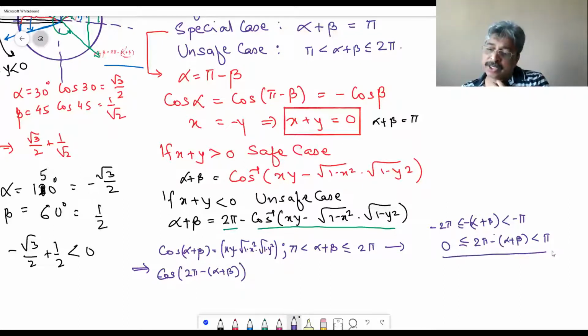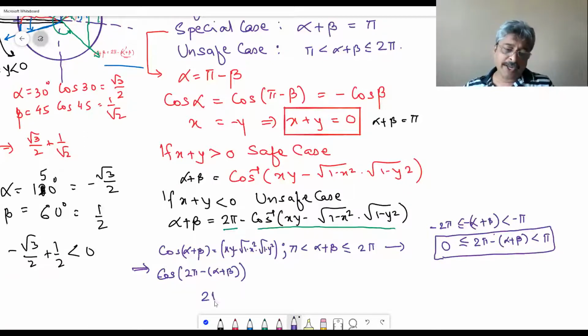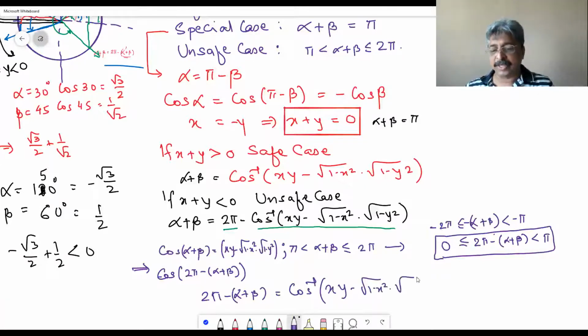Now we have got it in the desired zone, which is the range of cos inverse, and hence we will be able to flip. Therefore, 2 pi minus alpha plus beta is equal to cos inverse of xy minus radical 1 minus x square into radical 1 minus y square, and taking alpha plus beta this side, yes, we get it.